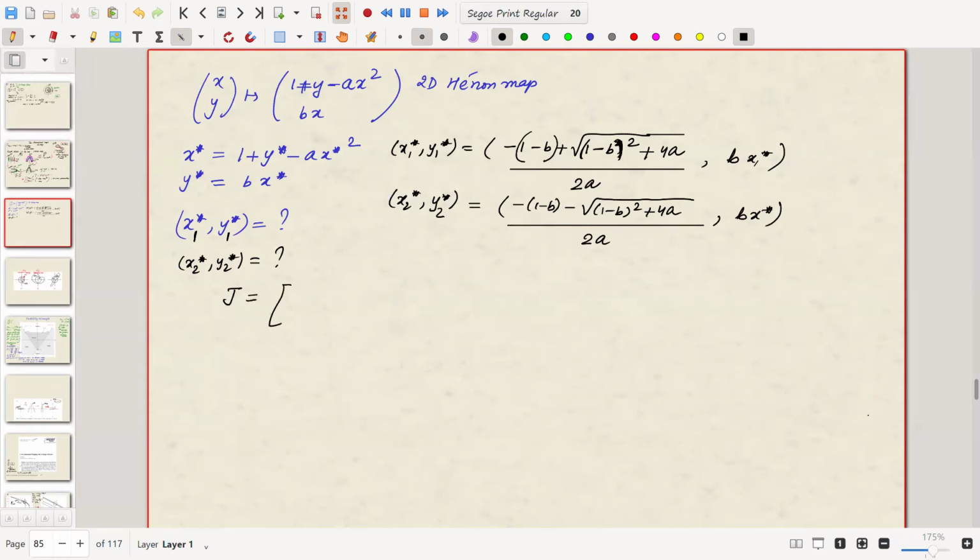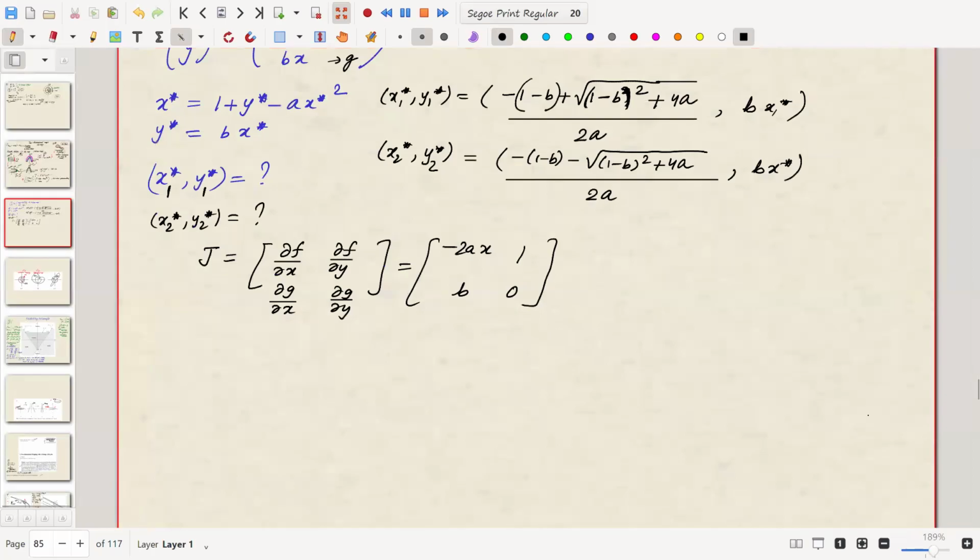Consider this to be F and this to be G. So the Jacobian is dou F by dou X, dou F by dou Y, dou G by dou X, dou G by dou Y. Now you know that inside the Jacobian, the entries don't have a Y. You only have the X.